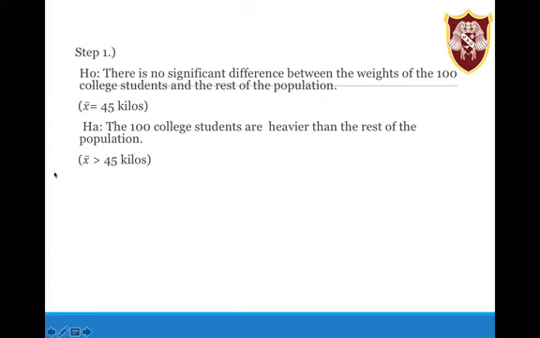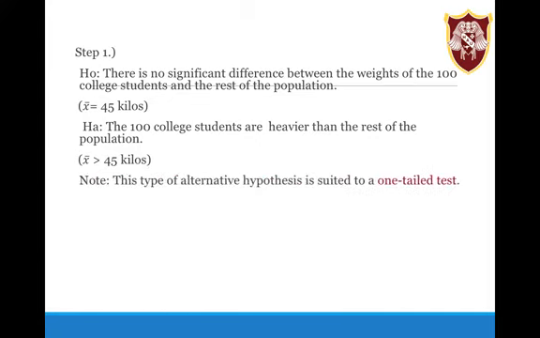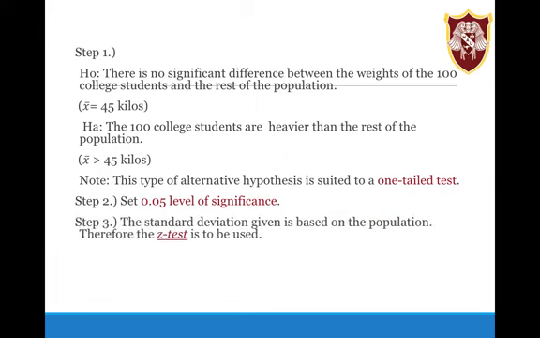So again, since we use a greater than symbol, this indicates that the test is a one-tailed test, okay? And the level of significance is again set at 0.05. The standard deviation is based on the population from the census, right? Therefore, the z-test is to be used.